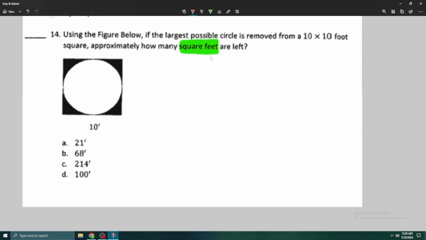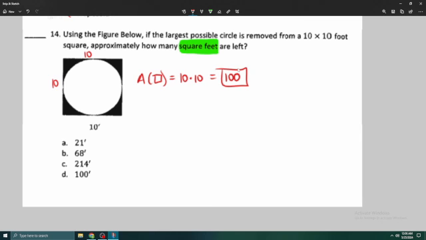When you think about the square footage of a living room or whatever, we typically describe it as having so many square feet. If all 4 sides of the square are 10, the area of the square is length times width, 10 times 10, which is 100. So our total is 100 square feet.